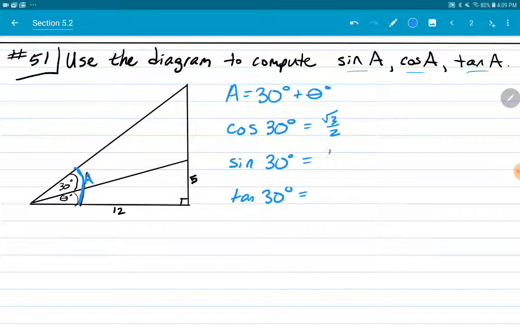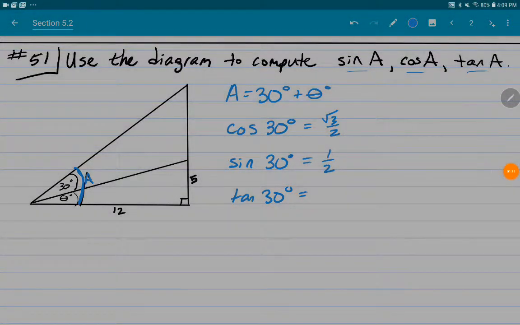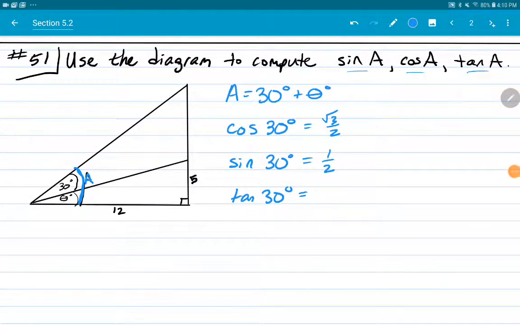Sine of 30 degrees is 1/2. I'm sorry, I think I have those reversed. No, that's right. Okay. And then the tangent of 30 degrees will be sine over cosine, which gives us 1 over radical 3, or radical 3 over 3.